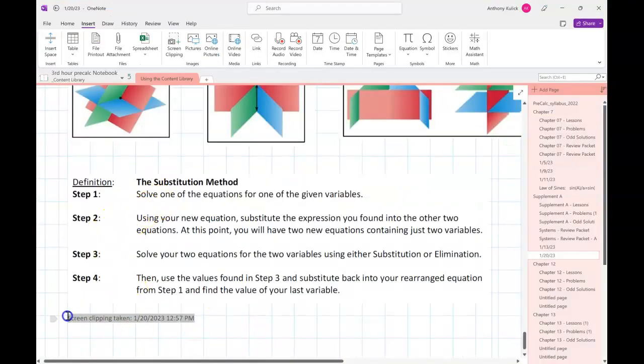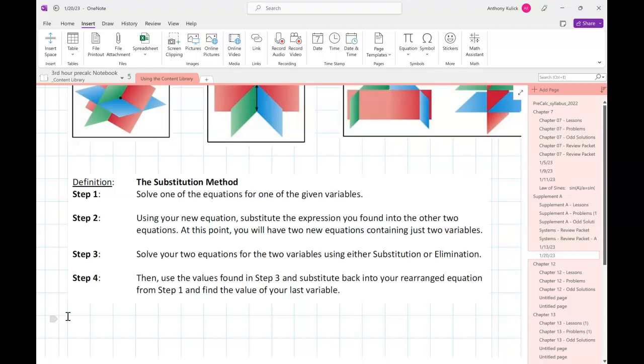So you're going to pick one of the three equations and get one of the variables by itself in that first equation. It doesn't matter which equation you pick, and it doesn't matter which variable you get by itself. You'll then take that and substitute it into the other two equations.